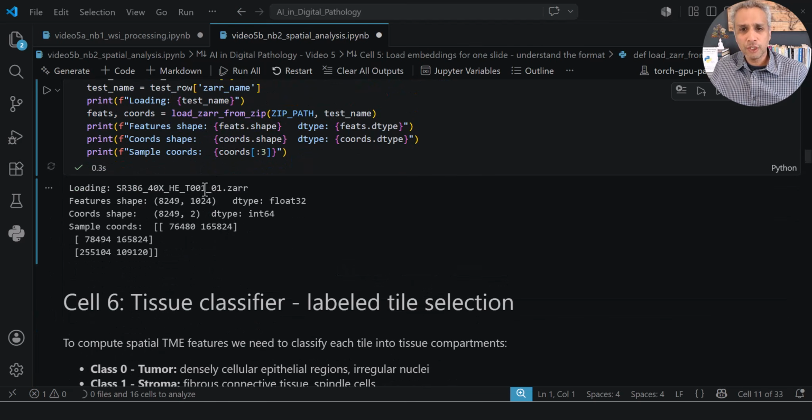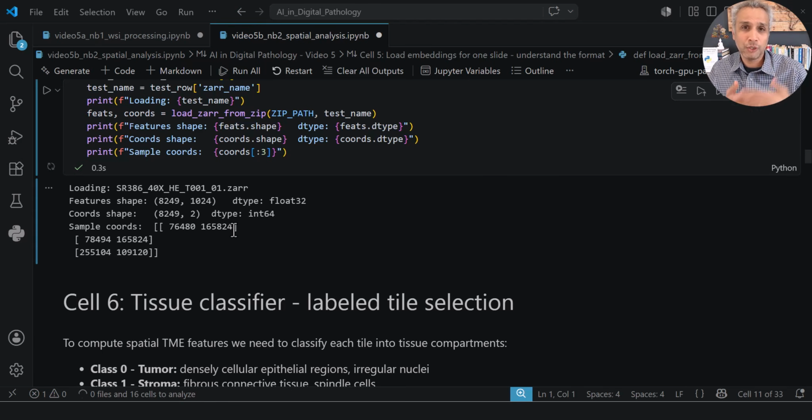So this is T001. It has 8,249 tiles, and the feature shape obviously is 8249 by 1024, and the coordinate shape is 8249 by 2. The sample coordinates show values like 76,480, 165,000. These are level 0 pixel coordinates at 40x magnification.